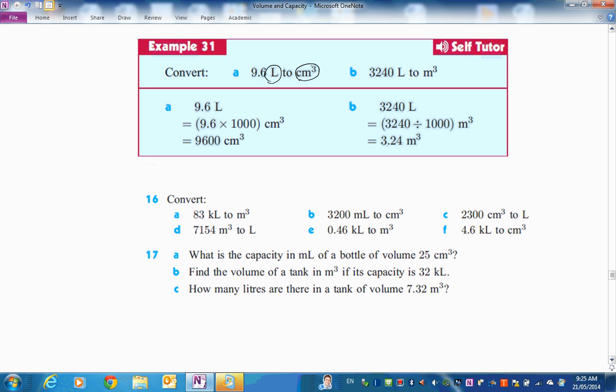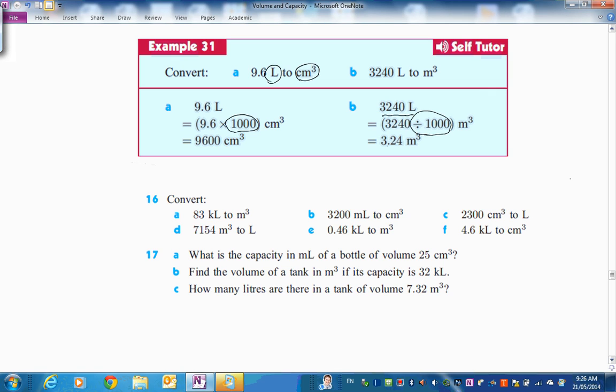So 9.6 litres, a litre occupies 1,000 centimetre cubes, so multiplying by 1,000. 3,240 litres to metres cubed, you're going to therefore say here where every 1,000 litres fills a metre cube. So you want to know how many thousands there are in there. Okay. So just watch that using those conversions. Have a go. I'll show you the answers.